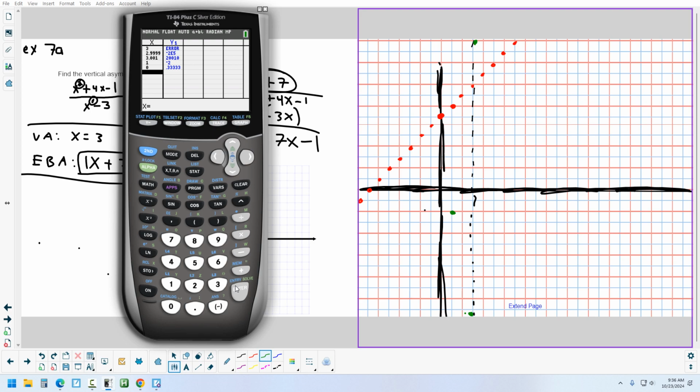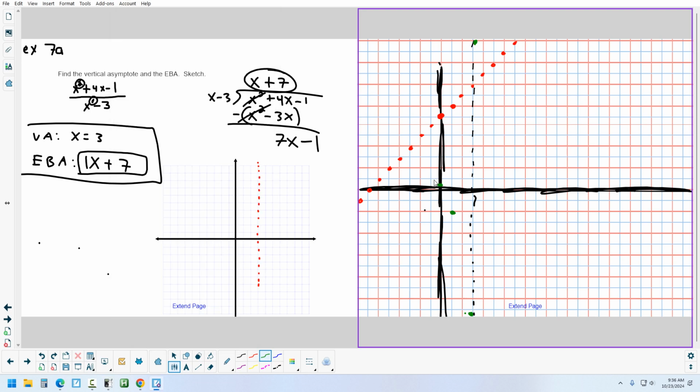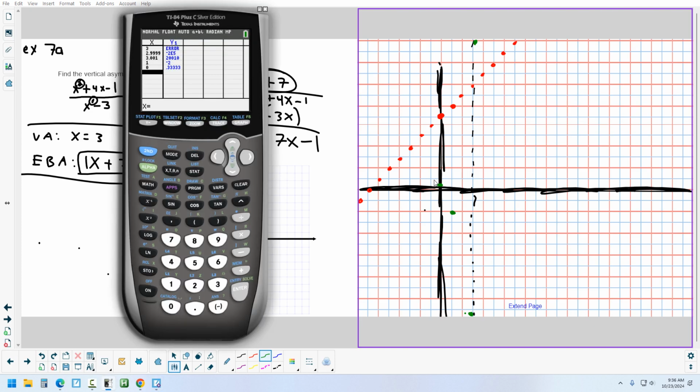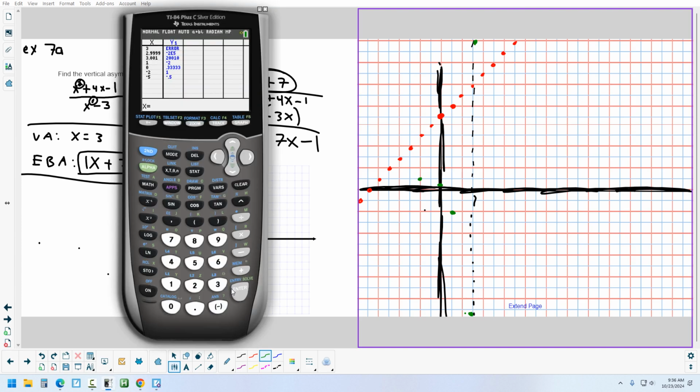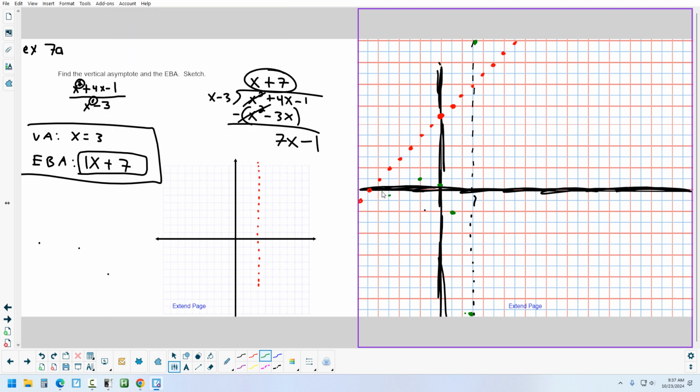So 0, we're just up a little bit. And let's check negative 2 and then maybe negative 4. I'm just plotting some points. Negative 2, 1. Negative 5 is negative a half. 1, 2, 3, 4, 5, negative a half.